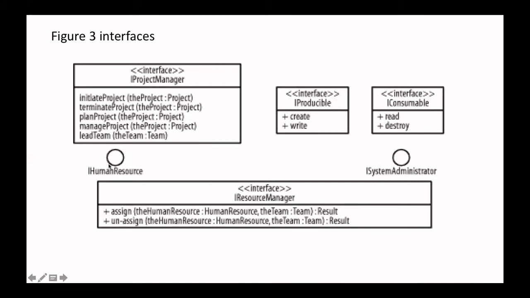Resource manager assigns the human resource. This is the relationship between the project manager and the interface of the two classes. Here the human resource and the team are assigned.